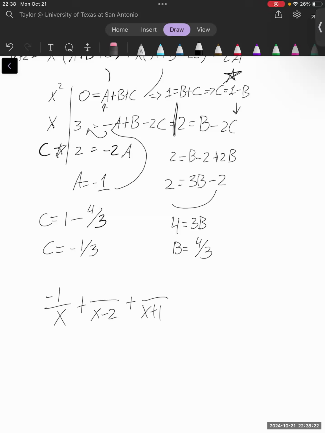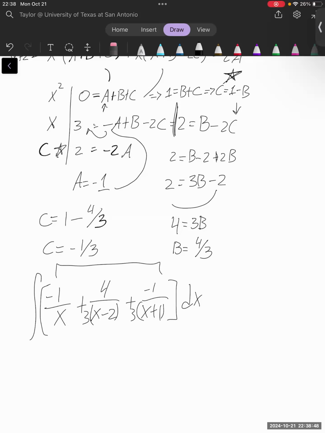B is 4 over 3, and C is negative 1 over 3. And then we're going to integrate these terms with respect to x. So this is our final decomposition form.